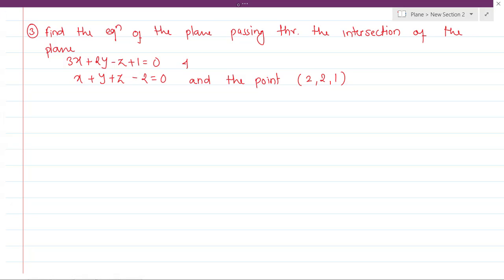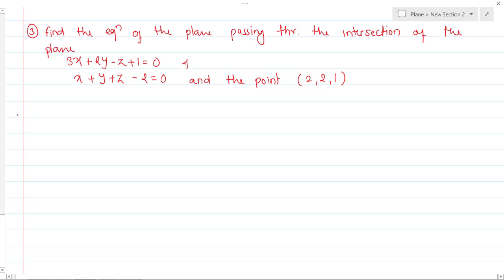First read the question very carefully, understand what they have given.